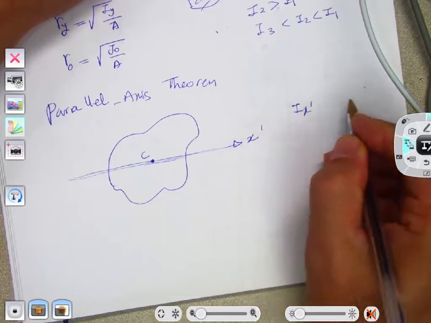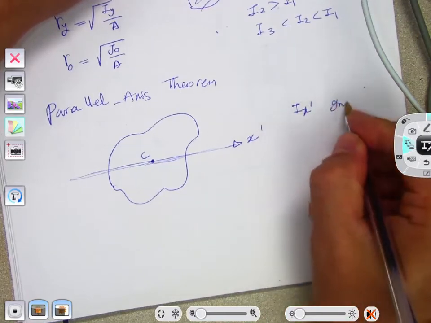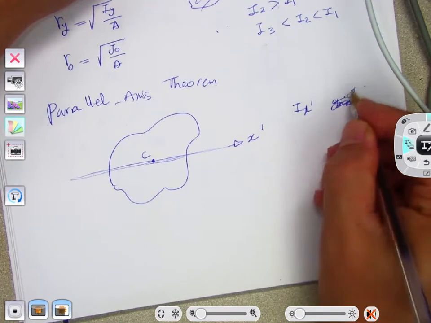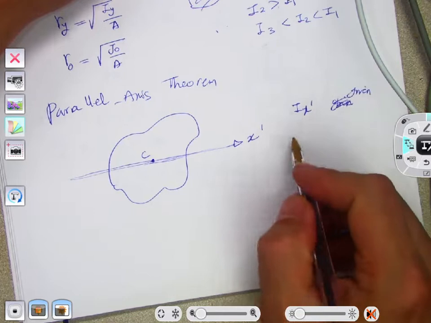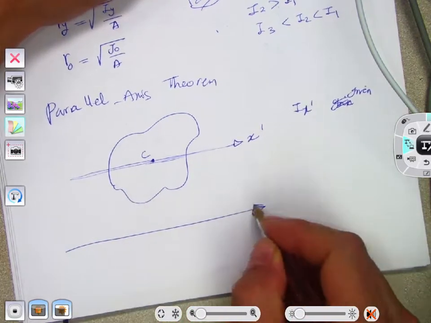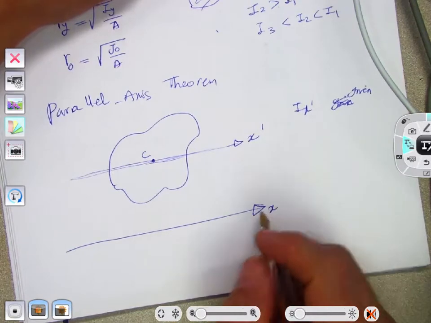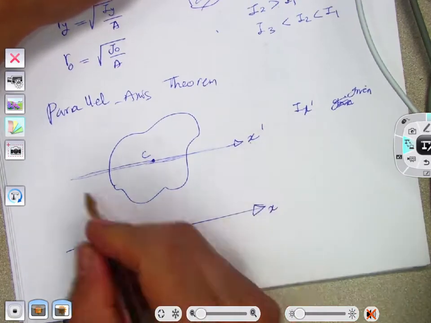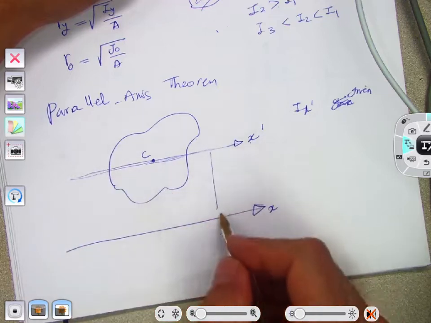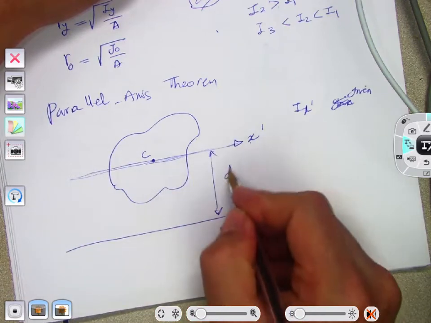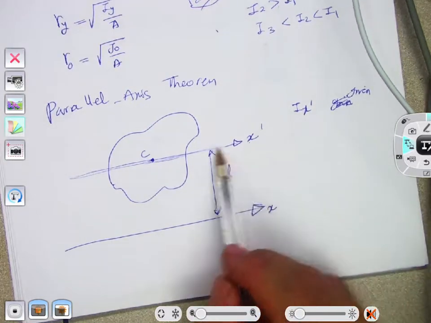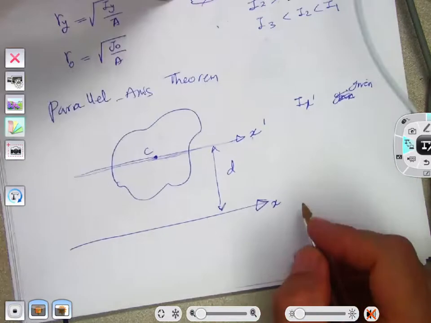I call it Ix prime. So this is Ix prime, let's say it's given, and here's my problem: I want to find the moment of inertia about the x-axis, which is parallel to x prime and has a distance of, let's say, d. The distance between these two axes is d. I want to see if I can find a relationship between Ix prime, the moment of inertia about x prime, and Ix.